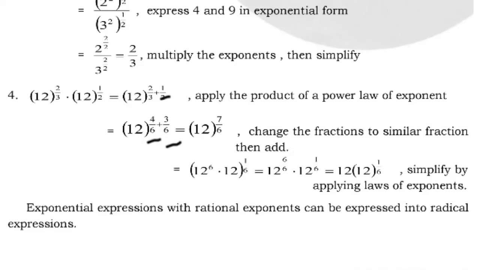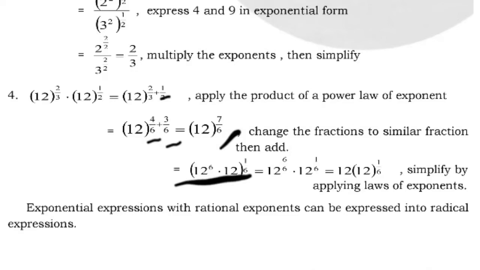Now they are similar fractions, so copy the denominator 6 and add the numerators. 4 plus 3 is 7. Our resulting expression is 12 raised to the power of 7 over 6. We can express this as the quantity 12 to the power of 6 times 12 raised to the power of 1 over 6.